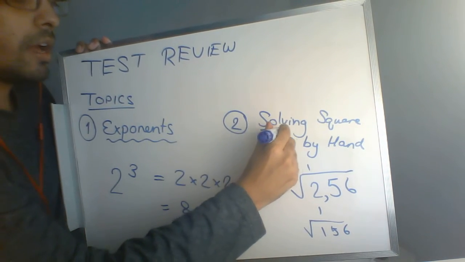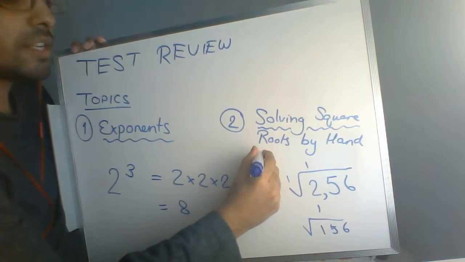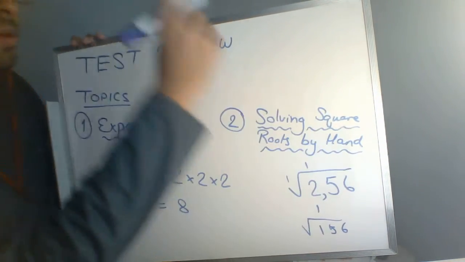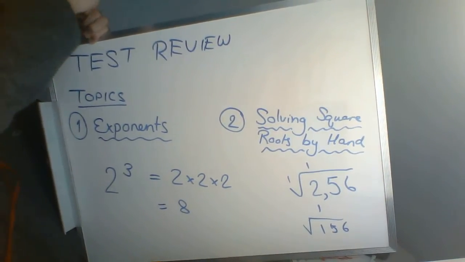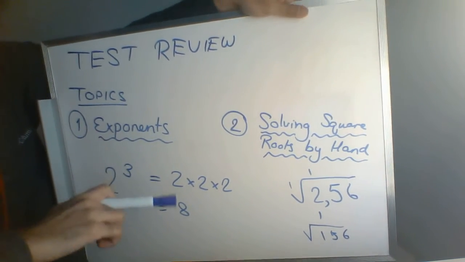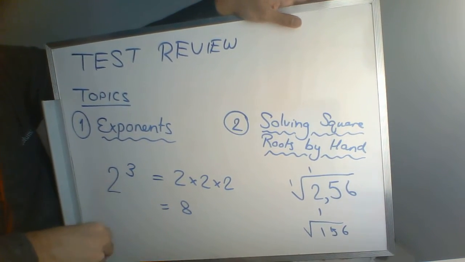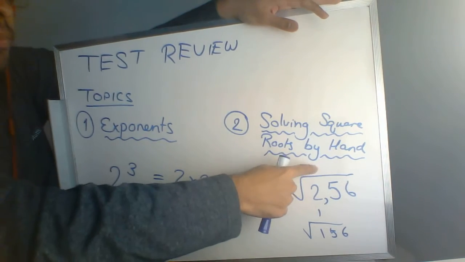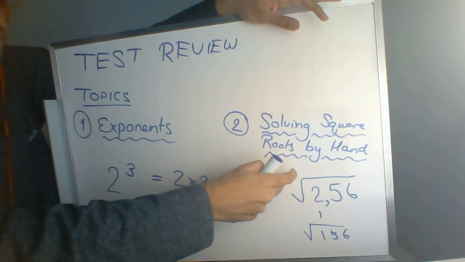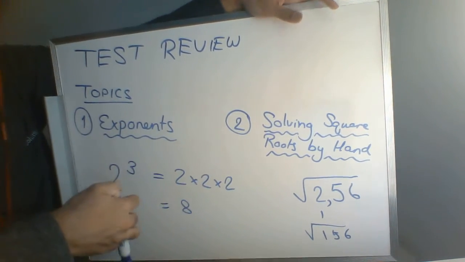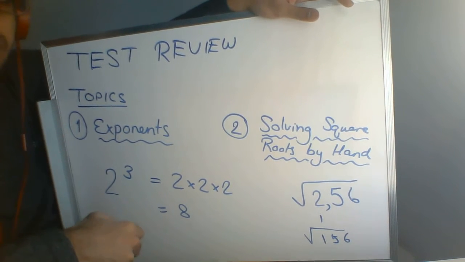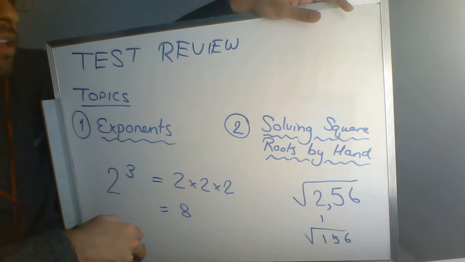So all the questions on the test for anything with solving square roots by hand will be a number where the square root is another whole number. So there won't be anything extra complicated, nothing harder than the things that we covered so far in this unit.